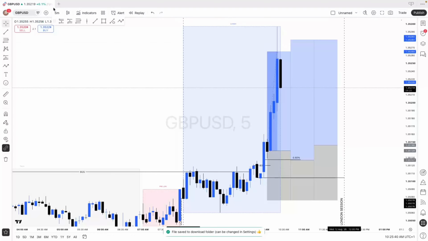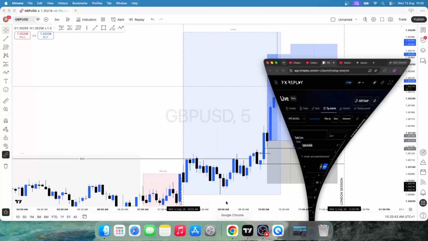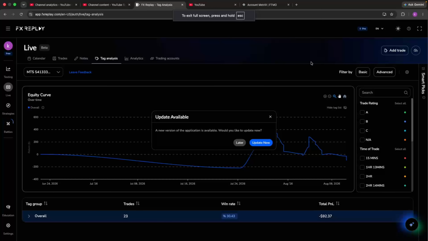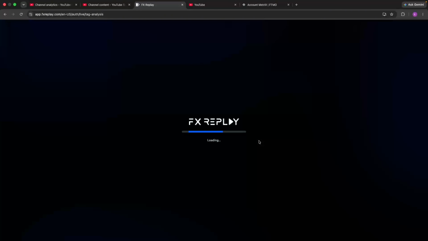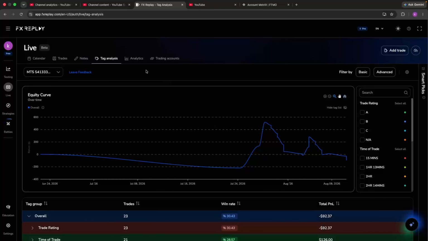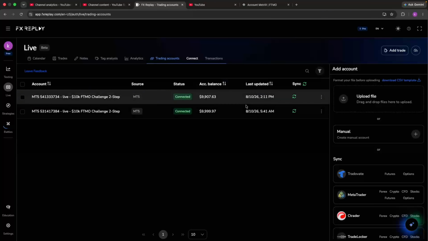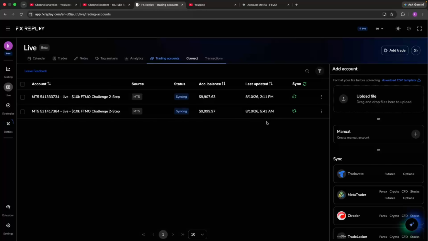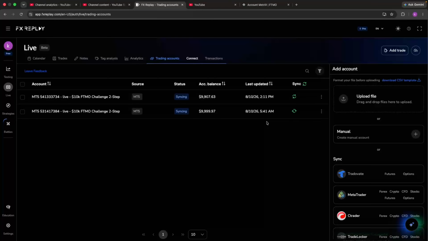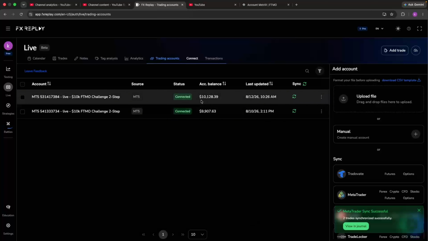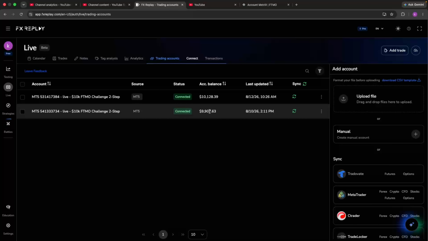I'm gonna download the image, and then I'll go over to my analytics. Oh no, is it trading accounts? Yeah, it is. And if I do this, it should sync the balances of today. I don't know if it will be as quick because I literally just took the trades, but we'll see. Has it updated? Why is this one not updated? One of them's updated, the other one hasn't.